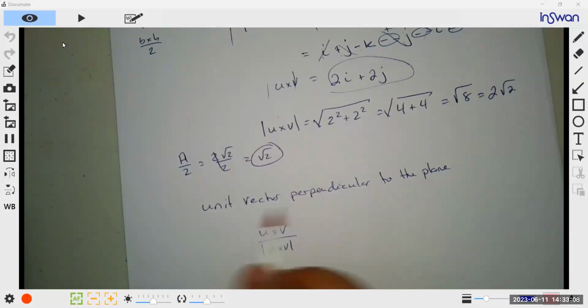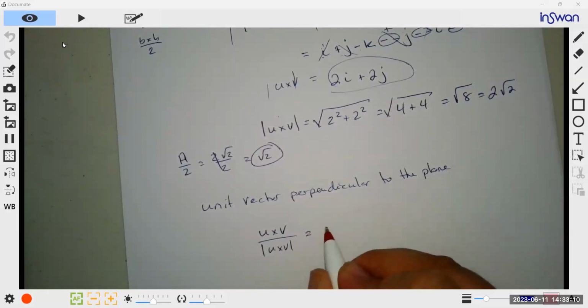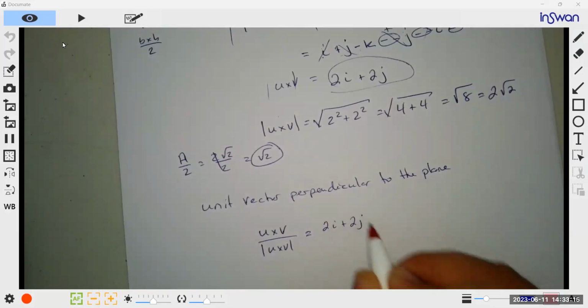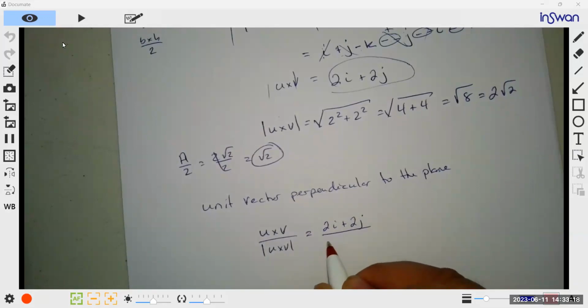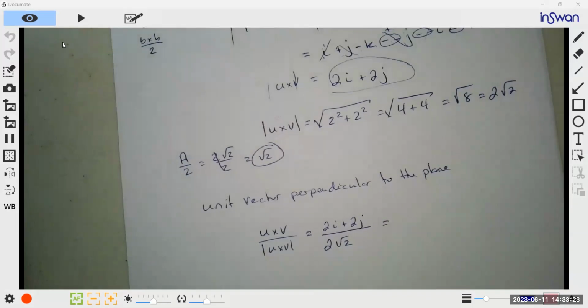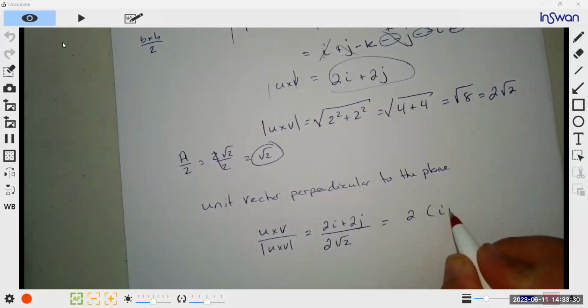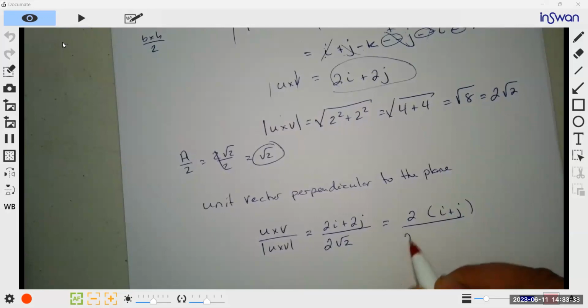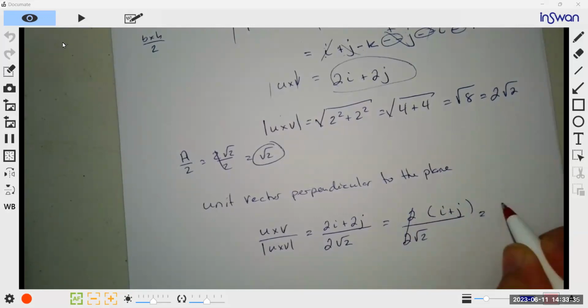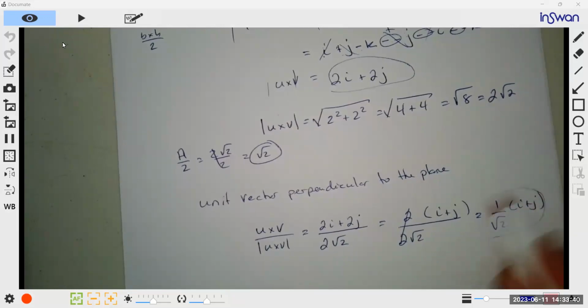Yeah, that's the unit vector perpendicular. So it's 2I plus 2J over 2 radical 2. Factor out on top, we can factor out a 2. The 2's cancel, so we have 1 over radical 2 times I plus J. So that answer is going to be D.